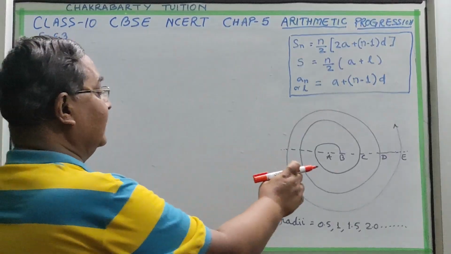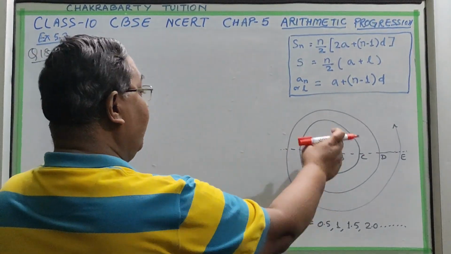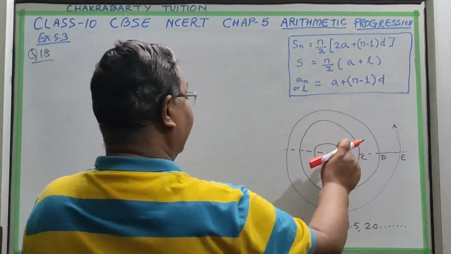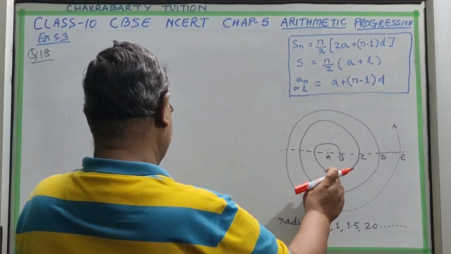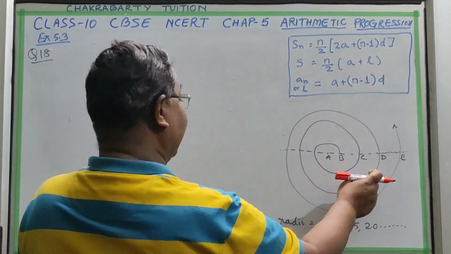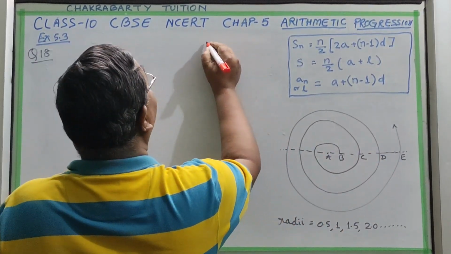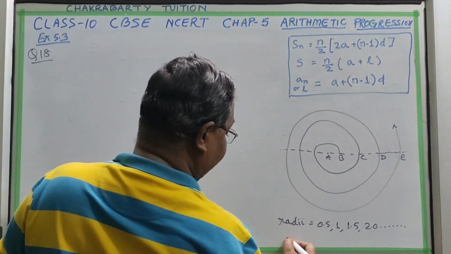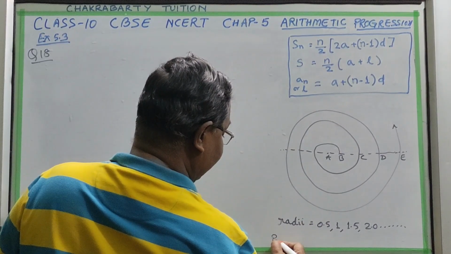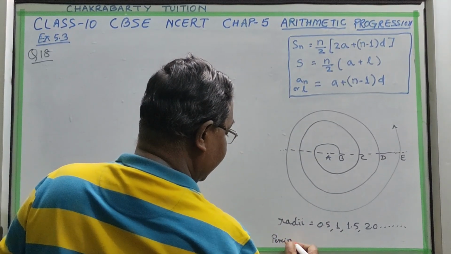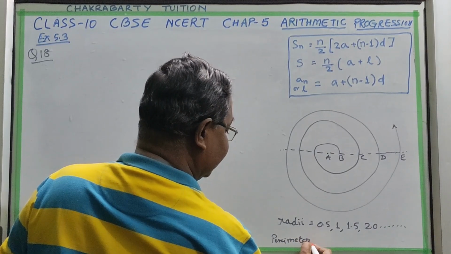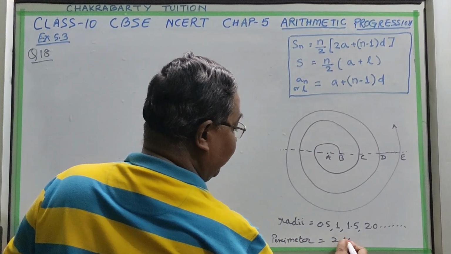In this question number 17, one spiral is given, and how is the spiral formed? It is made of successive semicircles. The perimeter of a circle is equal to 2 pi r.